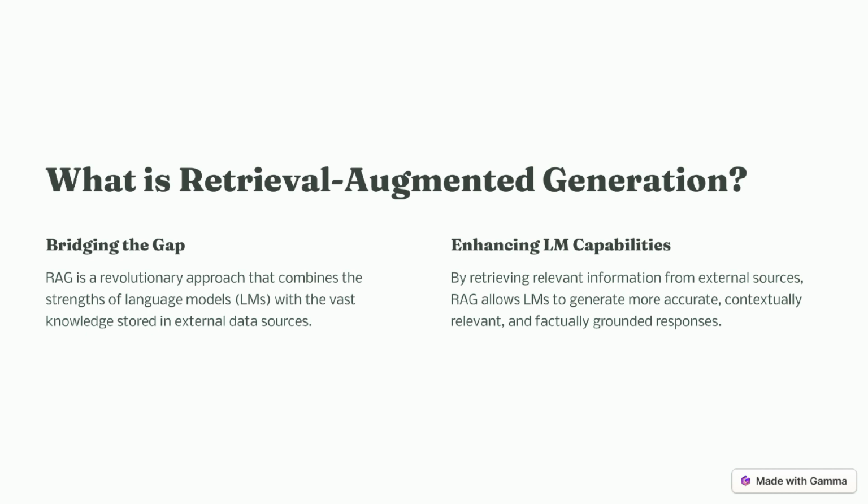RAG solves this by retrieving relevant data from external sources and using it to generate more accurate and contextually relevant responses. Think of RAG as a librarian. The language model is like a very smart person who knows a lot, but the librarian RAG goes to the library, the external data, to find the exact book information you need.